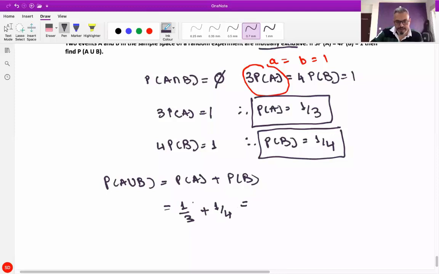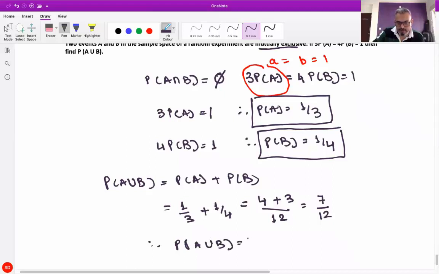Cross multiply, 4 ones are 4 plus 3 ones are 3 upon 4 threes are 12, which is equal to 7 by 12. Therefore, P of A union B is equal to 7 by 12. Answer.